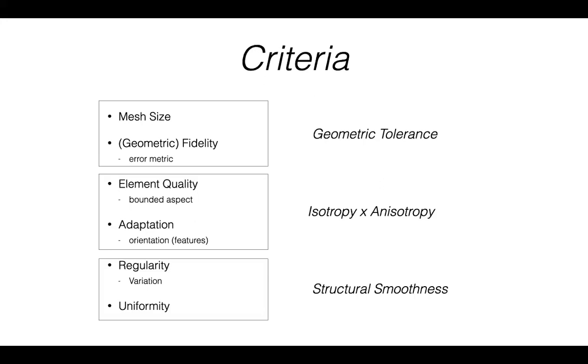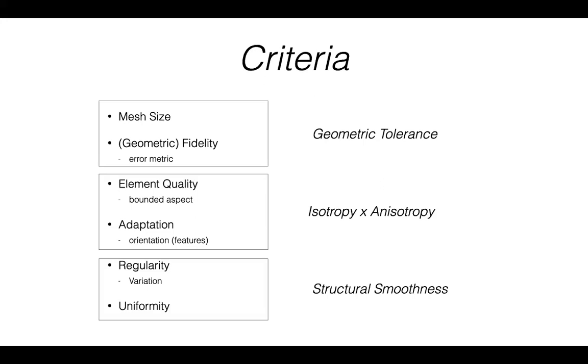The isotropy and anisotropy are going to consider the quality of the elements, the quality of the faces, whether the aspect ratio is good or not. That's important for numerical simulations, like finite elements and things like that. And the adaptation, whether the mesh is adapted to features of the shape, the edges are aligned with lines of curvature, and things like that.